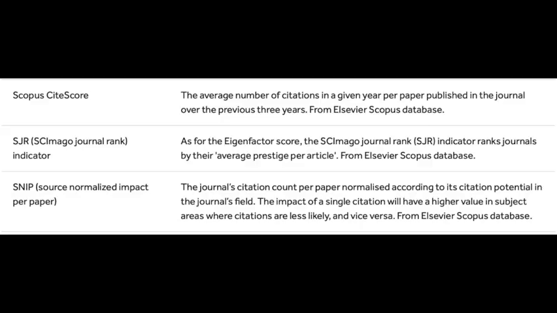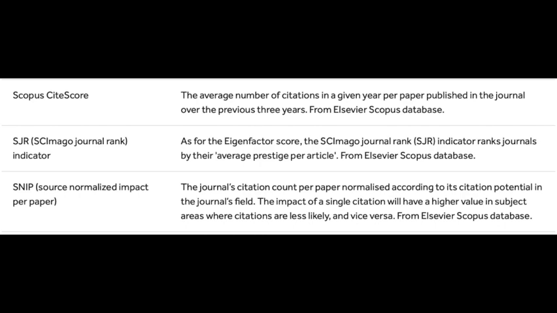The Scopus CiteScore is the average number of citations in a given year per paper published in the journal over the previous 3 years. So that's basically the same as the impact factor, only it's over 3 years. SJR is similar to the eigenfactor score. It ranks journals by their average prestige per article, whatever that means.